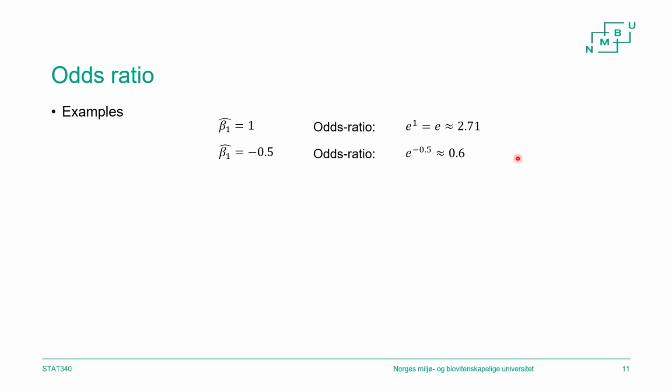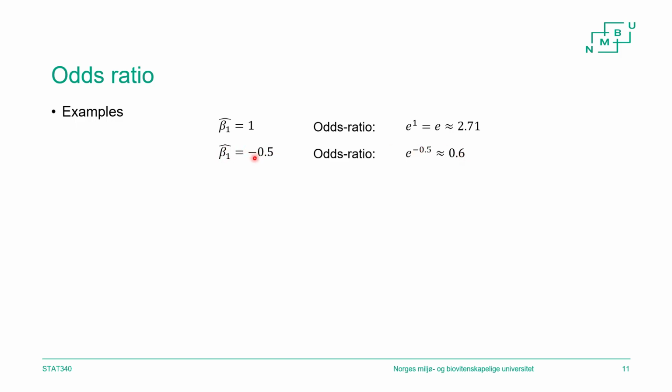And that means the probability is dropping for the target class when you move to the right on the x-axis. Notice that the odds ratio never becomes negative. If beta 1 is negative, it only becomes less than 1. So the odds ratio cannot be negative, but beta 1 can be.